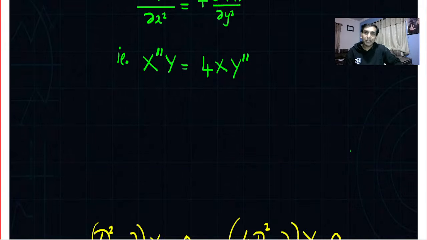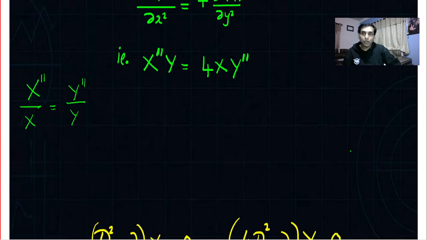Okay, now look at this. This means x double dash by x is equal to y double dash by y multiplied by 4 is equal to lambda. I hope you still remember the method we learned in the last video.